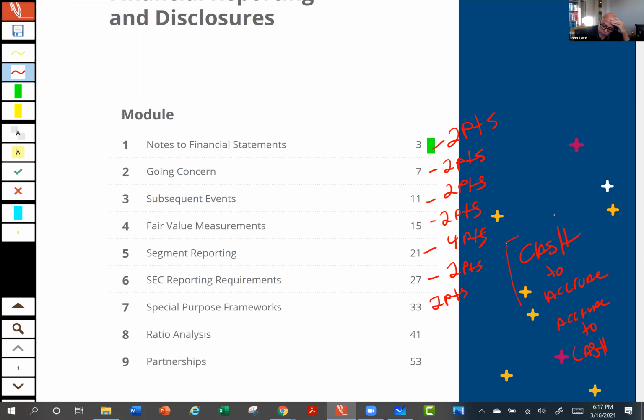So what we'll see, for example, is they'll give me a cash net income, and I have to turn that into accrual net income. They'll give me accrual net income, and I have to turn that into cash net income. That's 10 points, guys. There is a potential that they will ask you a task-based simulation, or they may ask you for a series of multiple choice questions.